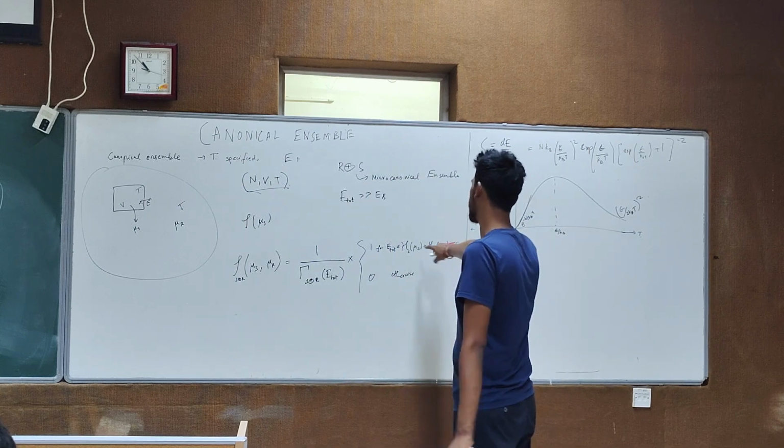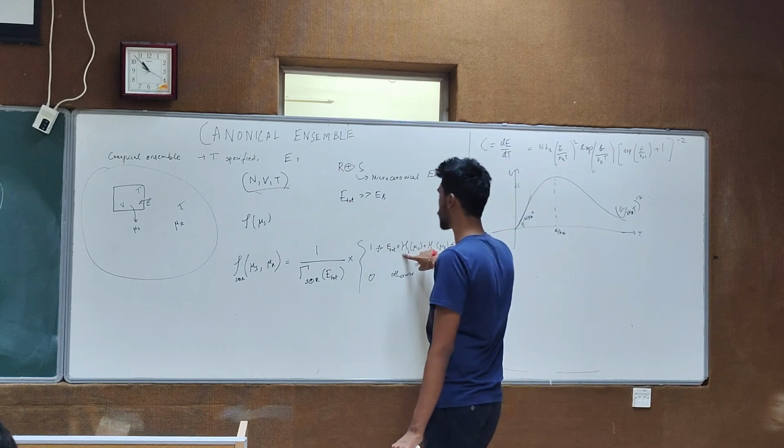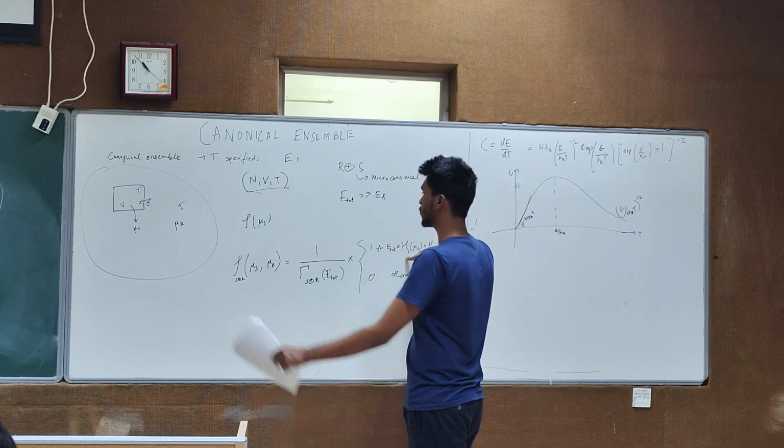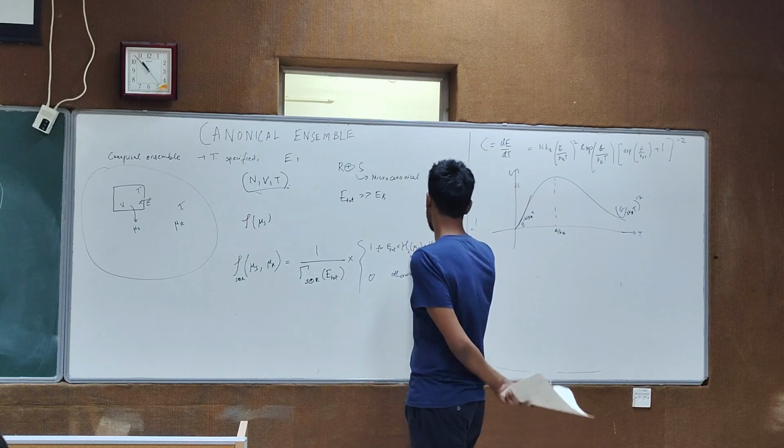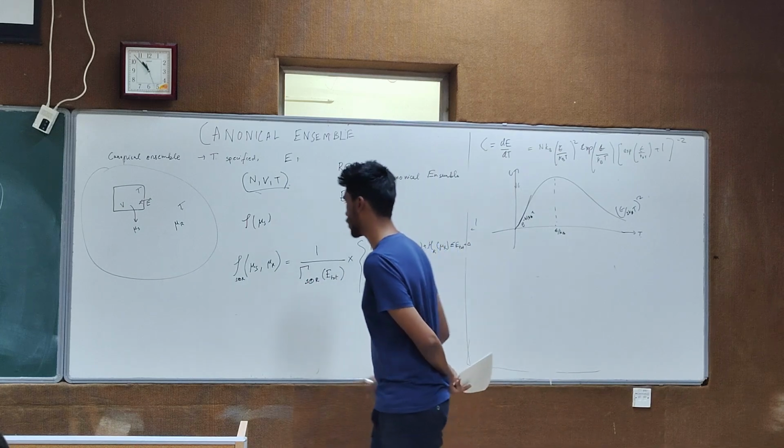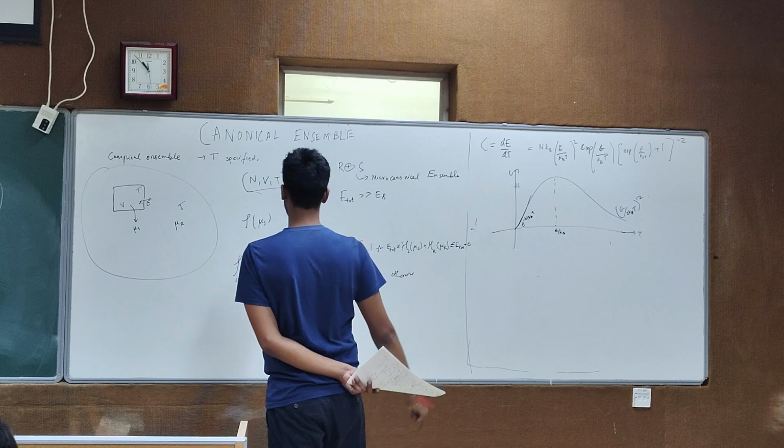When you have a microstate with total energy not equal to E total, your probability of finding that microstate is 0.